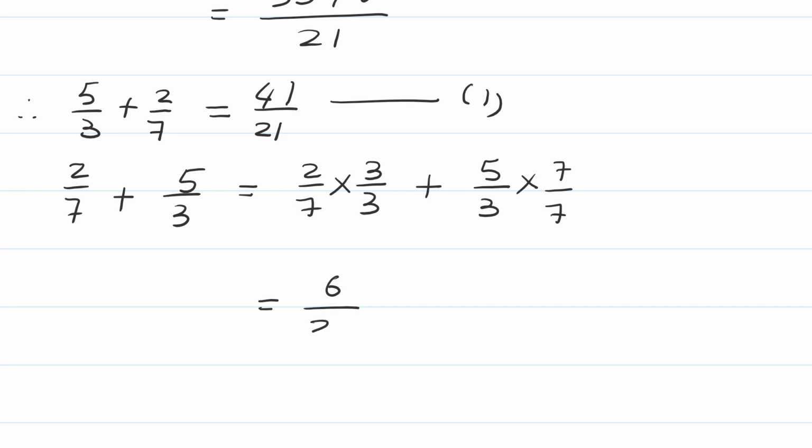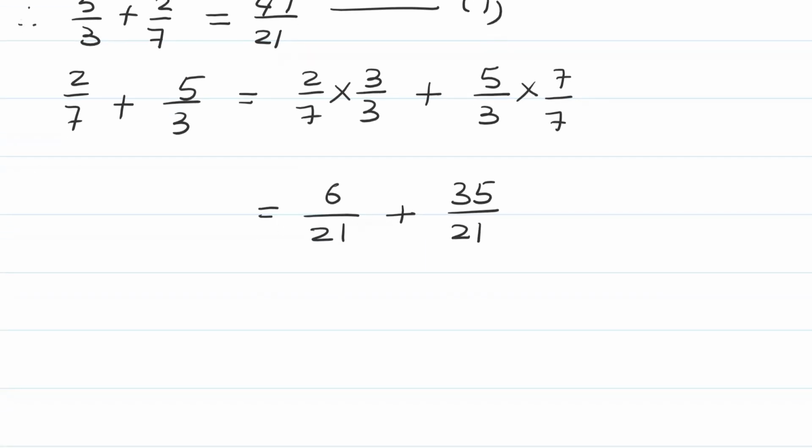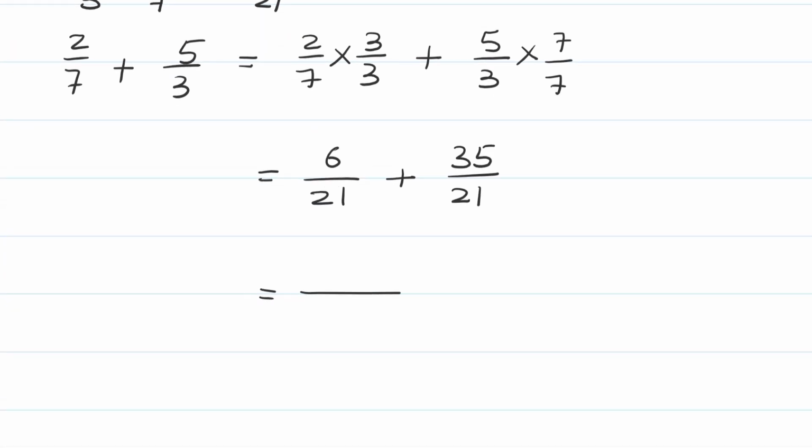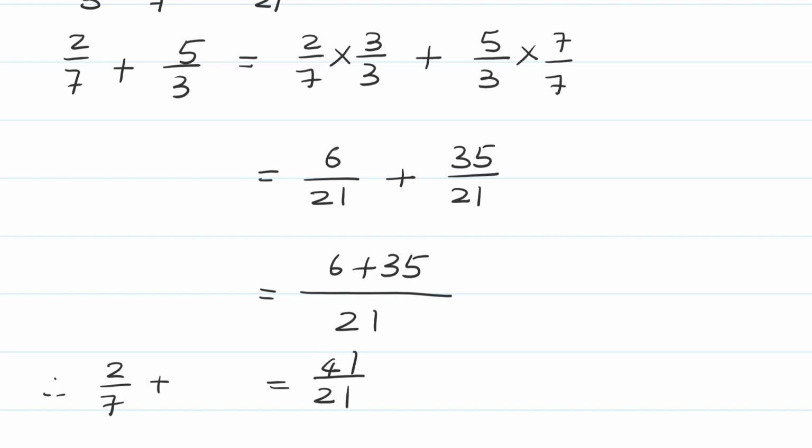First number is 6 by 21. Second number is 35 by 21. Now bases are equal. So add terms in numerator. 6 plus 35, 41 by 21. Number 2.